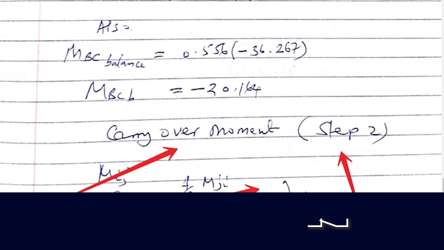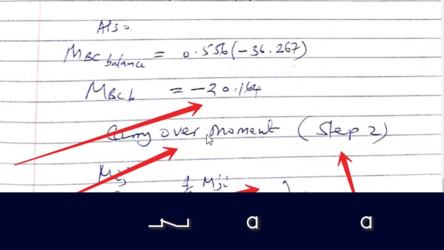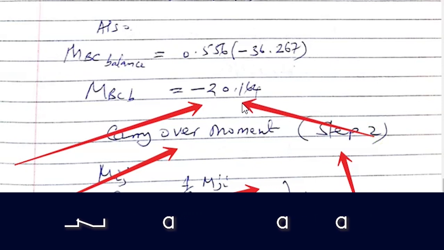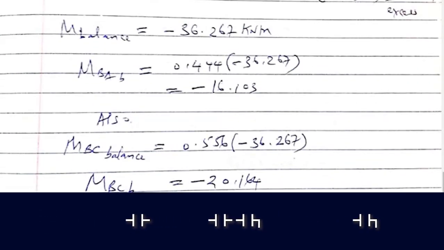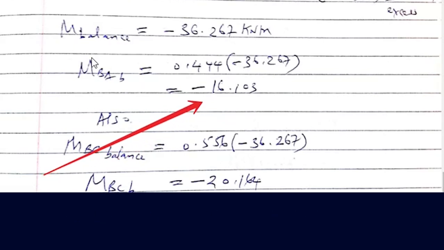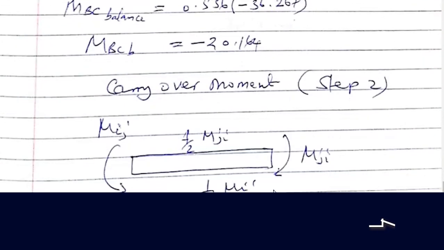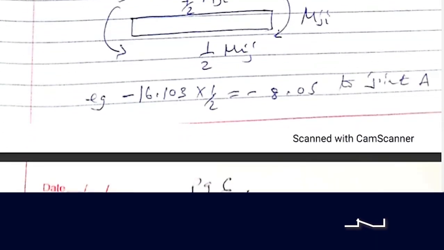For example, the moment from the right, this one, times a half should be carried to the left one. The same way, if you take the moment from the right one, about 16, it should also be multiplied by a half to carry it this way. Upon calculation, we have a certain amount.